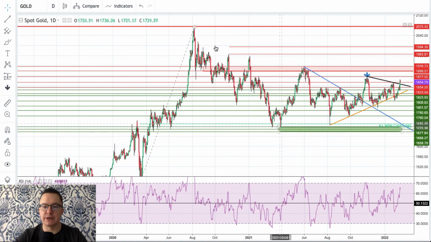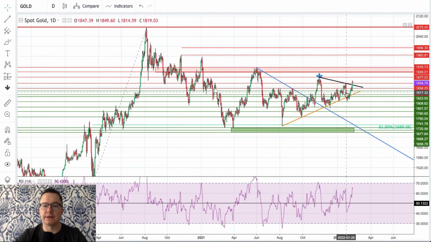This is the downtrend correction, as you can say. Then we have the first bounce, and then this period of the accumulation and uncertainty. After that period, we shall go up above the 1877, even above the 1916.